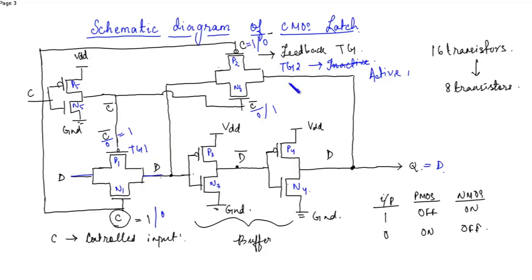So now what will be seen in the output? Because this input is not passed to this transmission gate, whatever the earlier value of Q, the previous output will be seen in the next output. So this is the operation of the D latch.